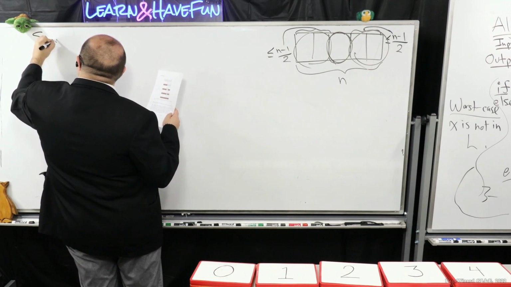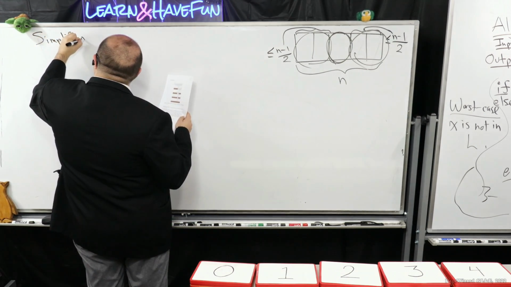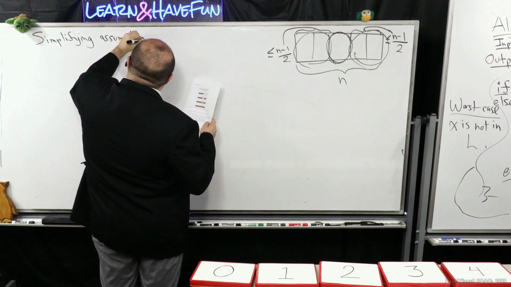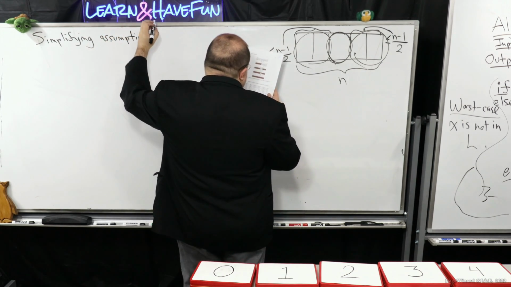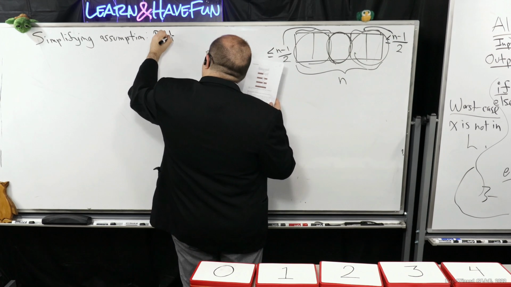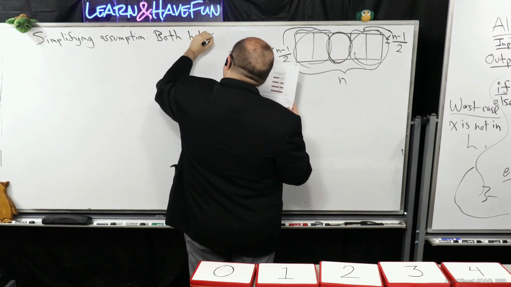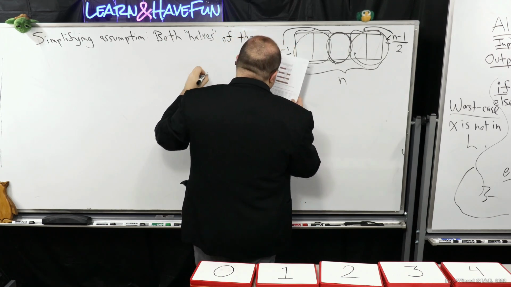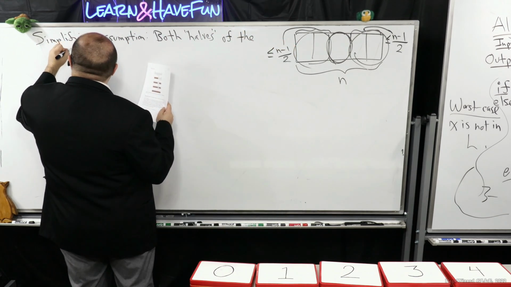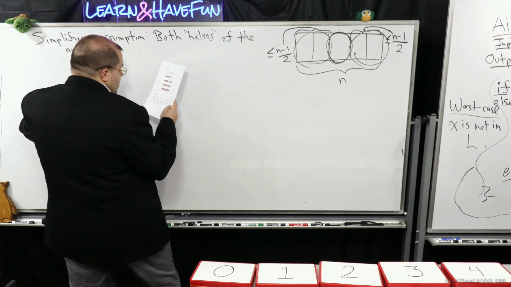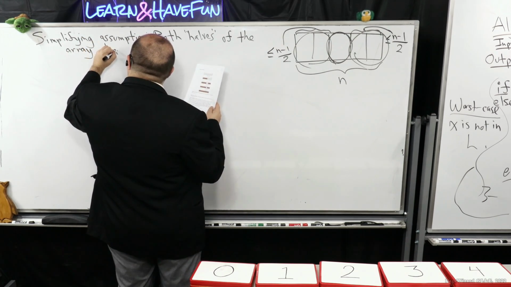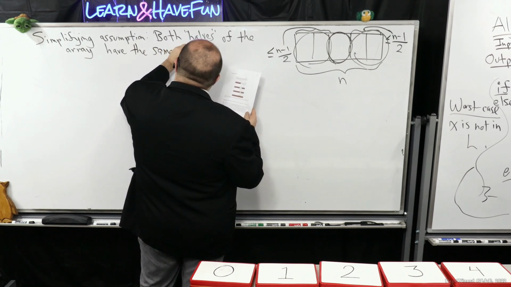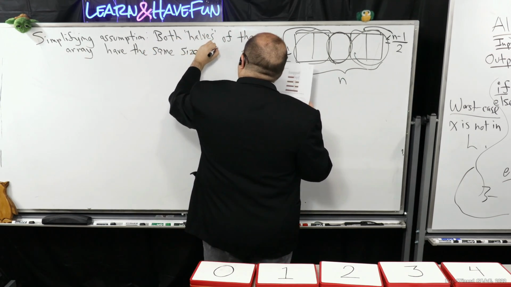A simplifying assumption I'm going to make is so that both halves of the array have the same size, which is (n minus 1) over 2.